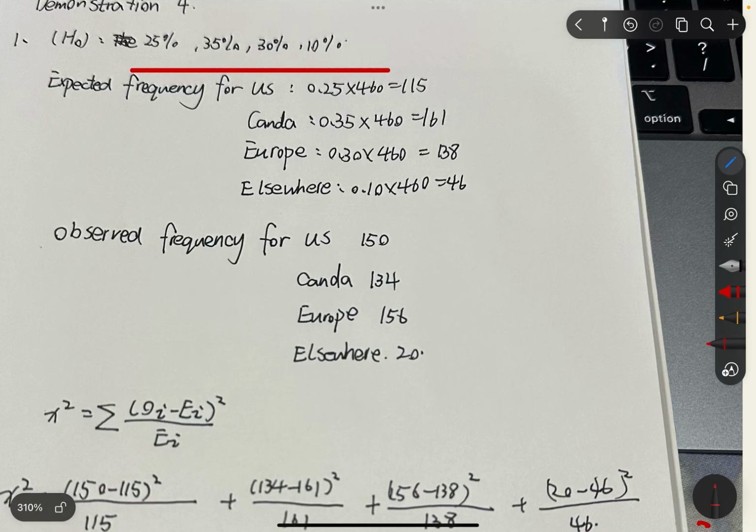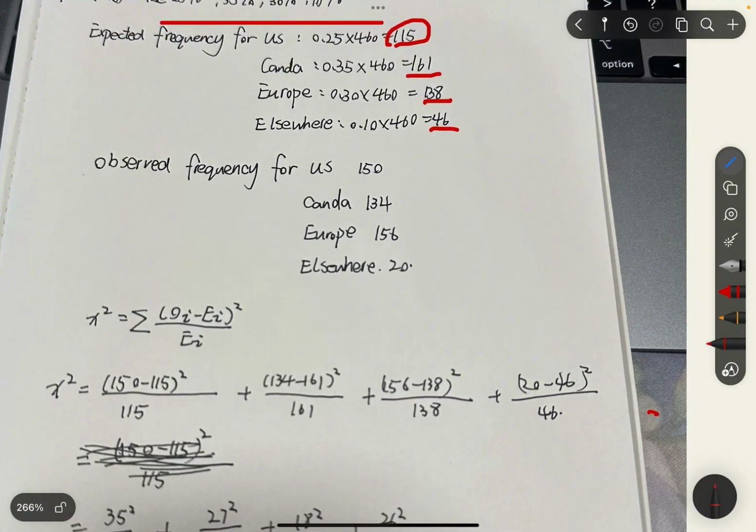So the expected frequency for US is 115, the frequency in Canada is 161, the frequency in Europe is 168, and elsewhere is 46. Then we calculate the total.